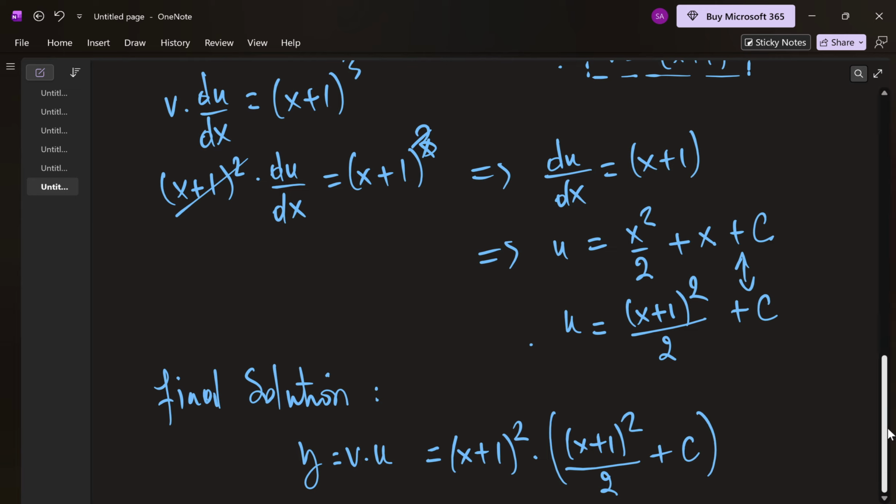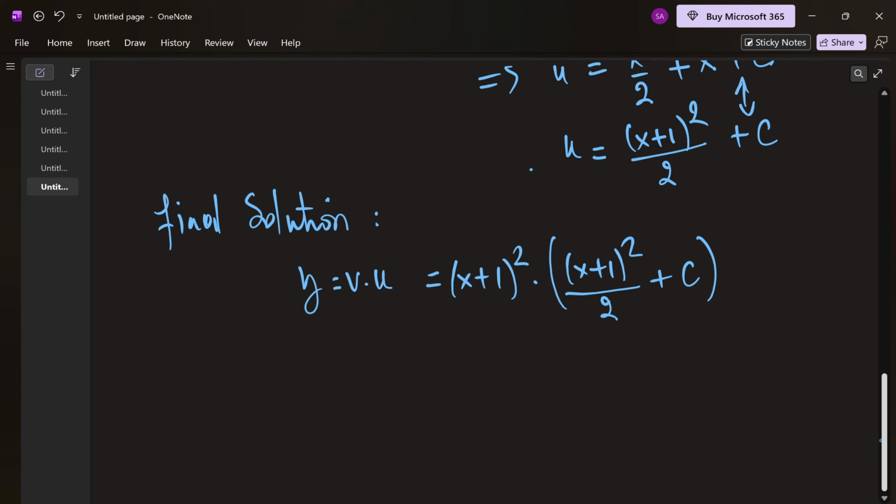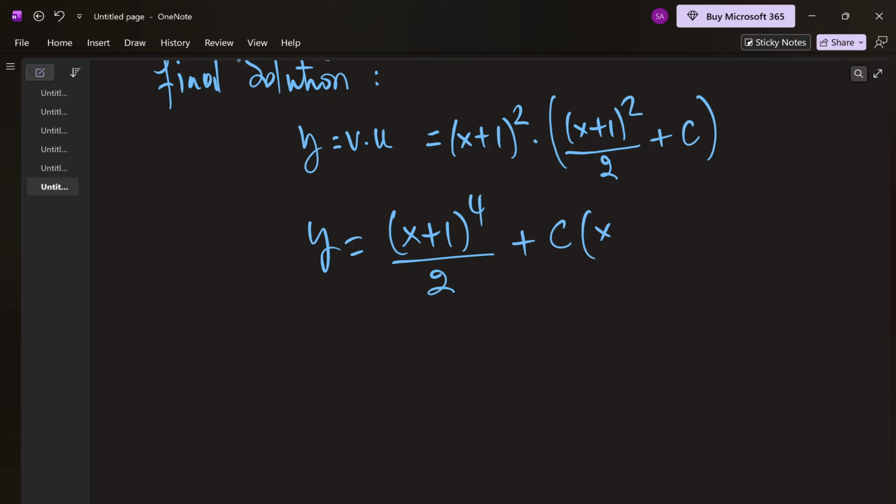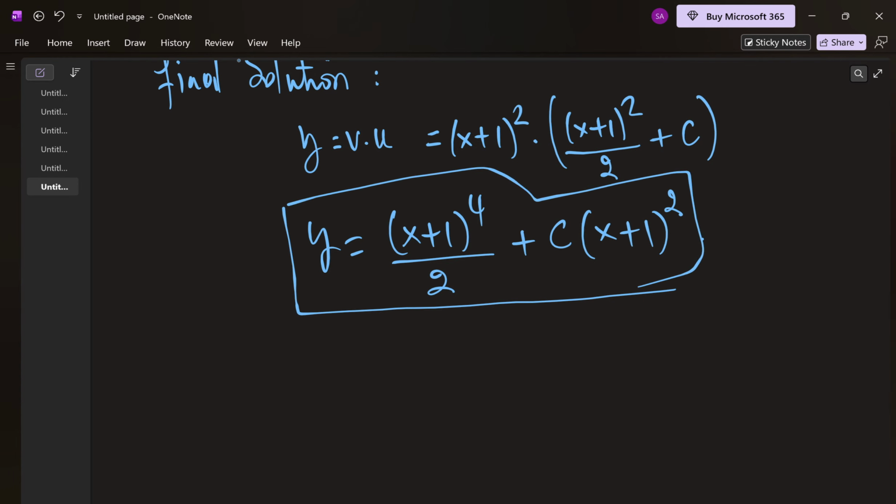Now you distribute, and you will get that y is equal to x plus 1 to the power 4 over 2 plus a constant c times x plus 1 to the power 2. And this is the final solution that we are looking for to our equation y prime minus 2 over x plus 1 y equals x plus 1 to the power 3.